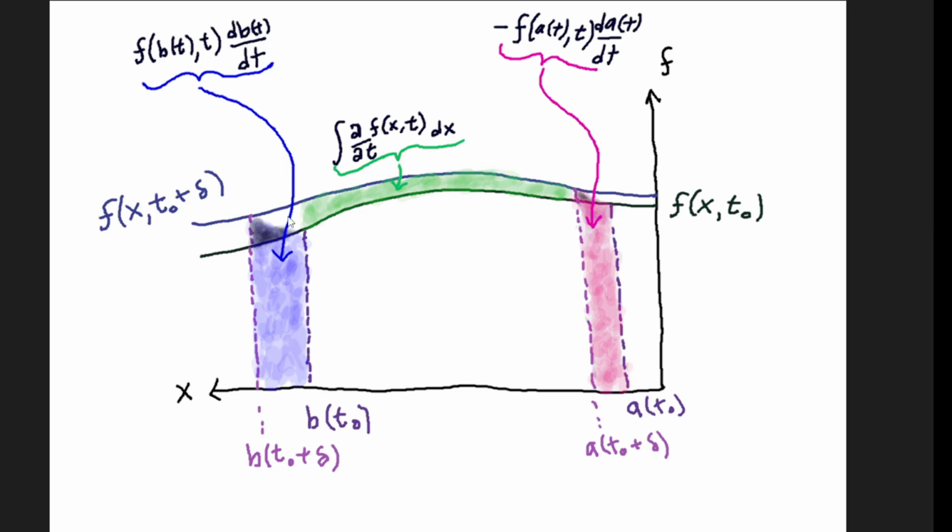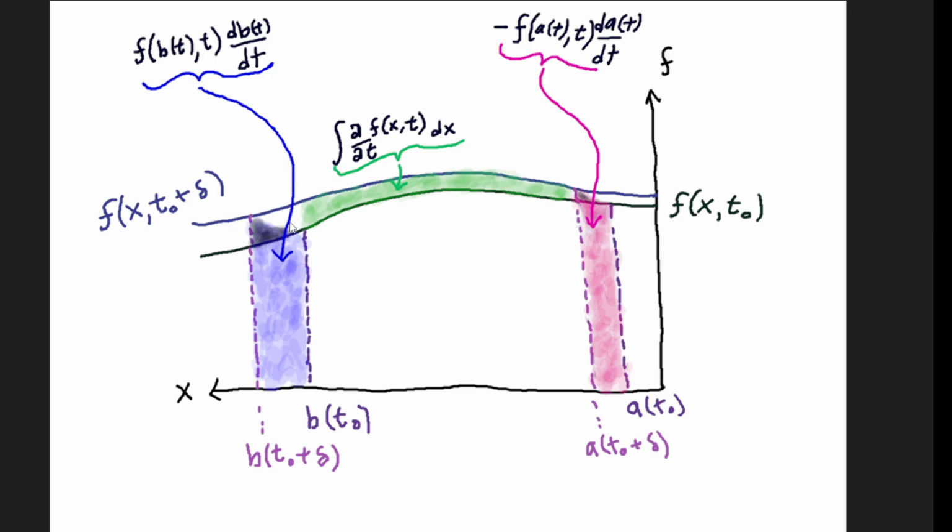The boundary is moving at db dt, so db dt times delta is going to be this distance here. And that distance times the value here gives the area in here.